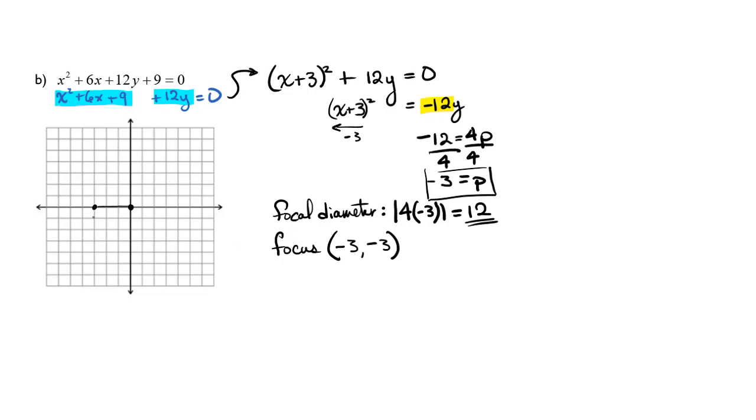So that means I go down 3 from there. If that's my focus, then I know that my directrix has to be at y equals positive 3.